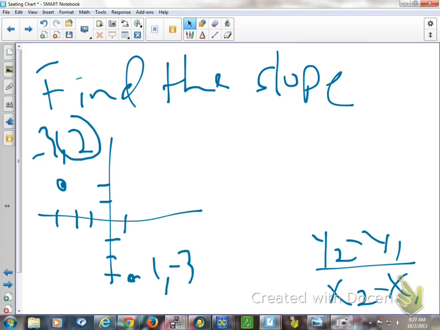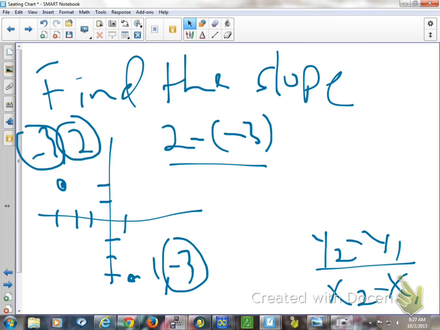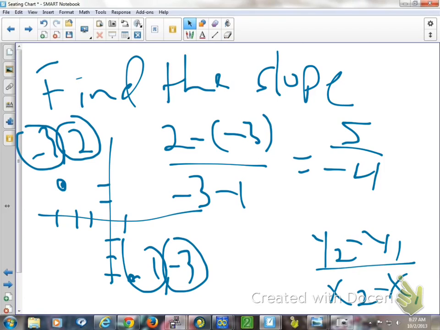Slope formula. So, y2 minus y1 over x2 minus x1. So 2 minus negative 3 is what? That's 2 plus 3, which is 5. Negative 3 minus 1 is negative 4. So there's your slope. Negative 5 over 4.